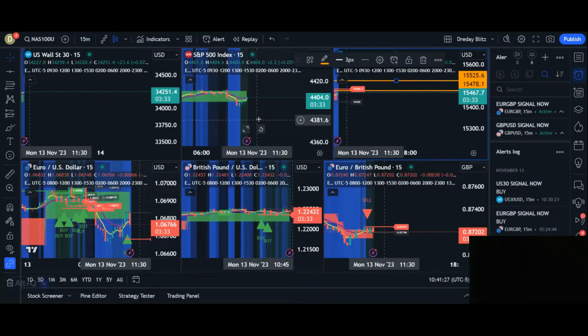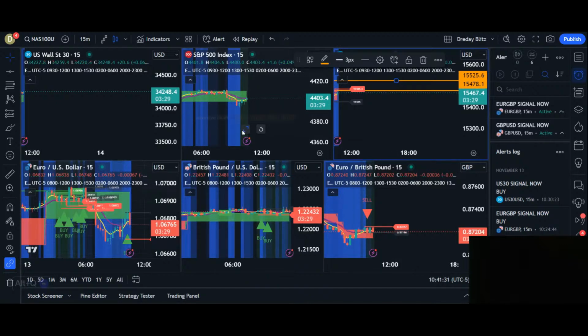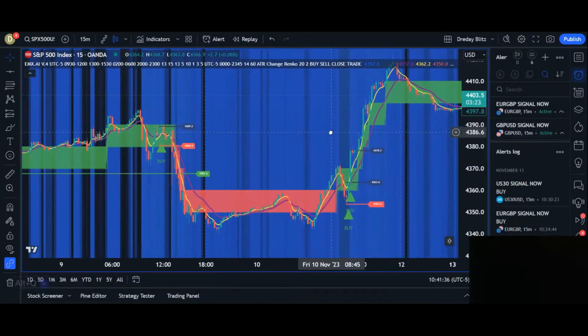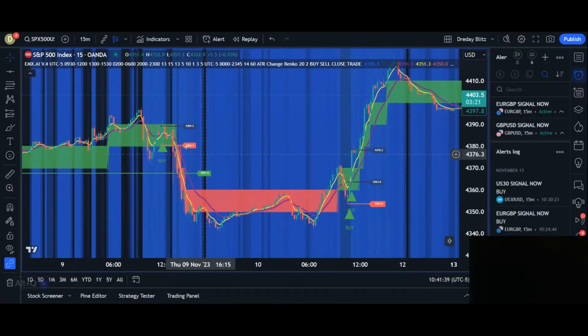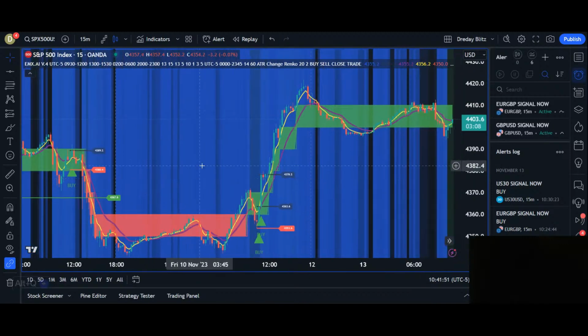Now let's look at S&P 500. If you remember, the US 30 was doing mostly the same thing, right? It was going down, then ranging in a consolidation, and then went up, right?